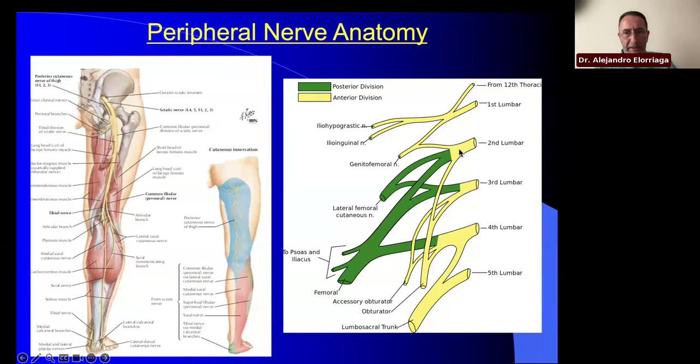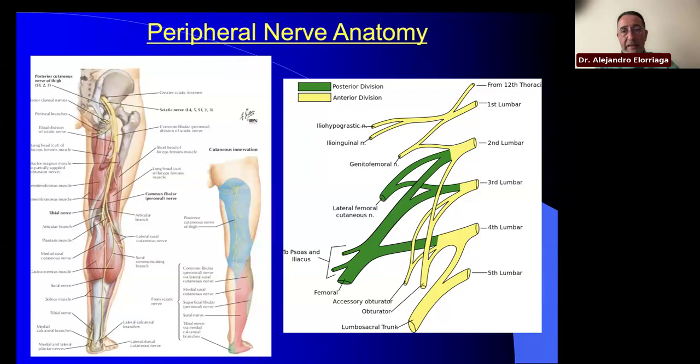But it not only comes from these levels, it comes specifically from the posterior division of the anterior primary rami of this level. And the femoral nerve has a cousin called the obturator nerve that also comes from L2, L3, L4, but in this case from the anterior division of the anterior rami. So to know this division: anterior primary rami divide into anterior divisions and posterior divisions.